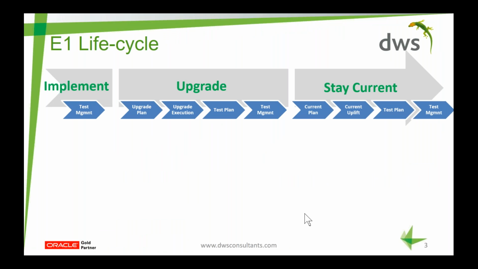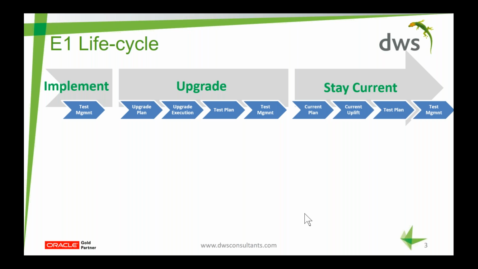Now, whatever stage you are at with your EnterpriseOne system, you'll either be at the initial implementation stage, going through some kind of upgrade, or looking at trying to stay current, having gone through potentially a major upgrade program.